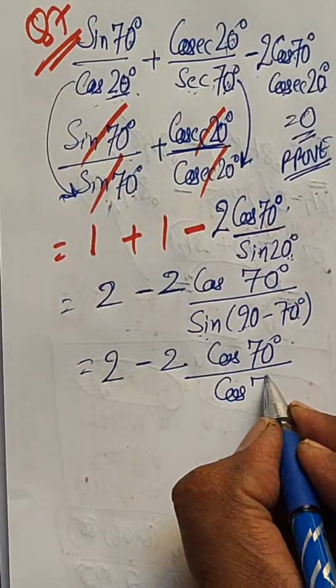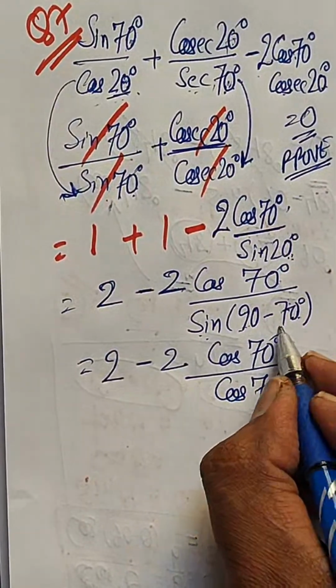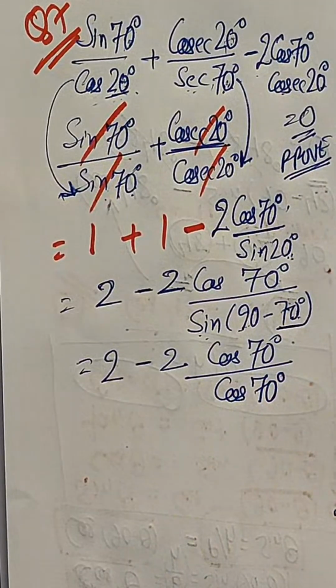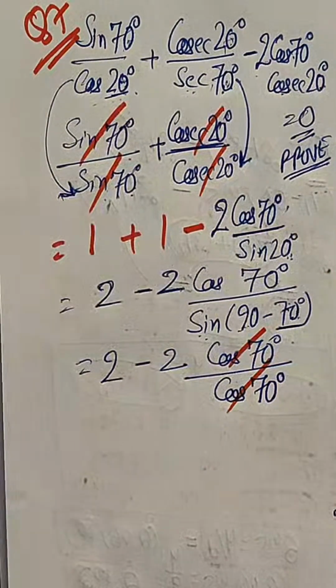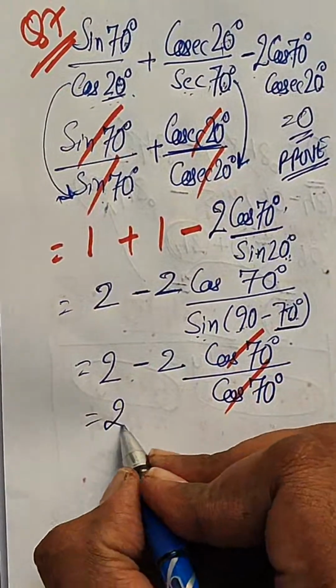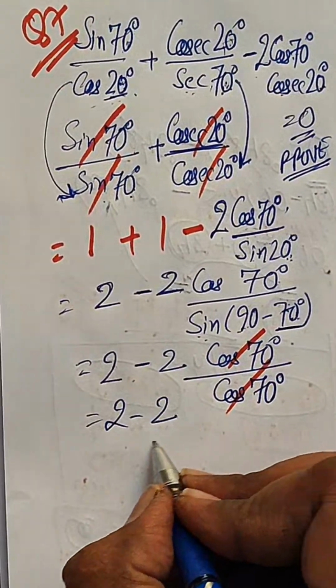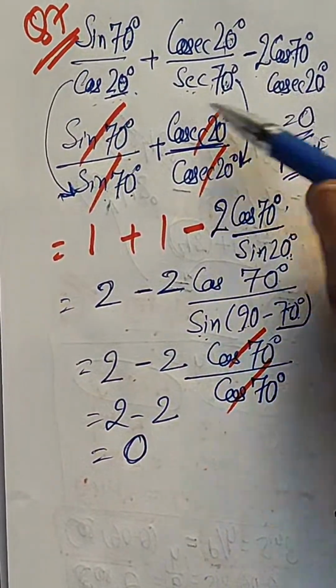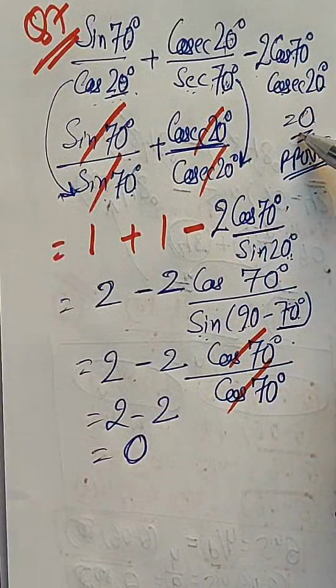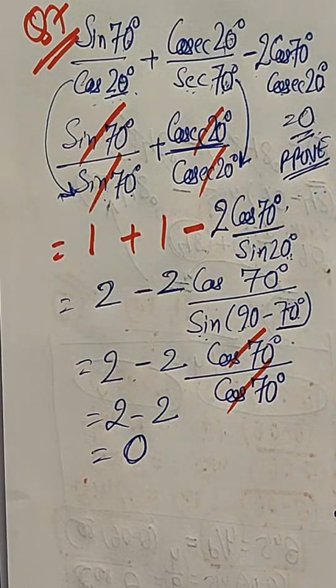So this is equal to cos 70 degree because theta is 70. Here also cos 70 and cos 70 will be cancelled out. So we are left with 2 minus 2, which is equal to 0. In this way we have proved that the above expression is equal to 0.